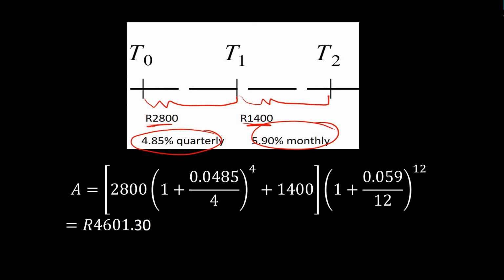Now, how do we get the money all the way to time 2? This is where we use our formula. So this formula that we see here is A is equal to P times 1 plus i to the power of n. Okay, so the way I like to do this, guys, I do it all together in one sum. You can split it up.